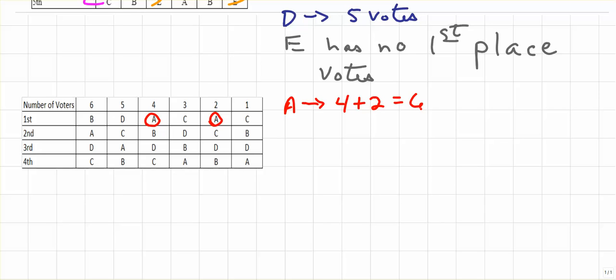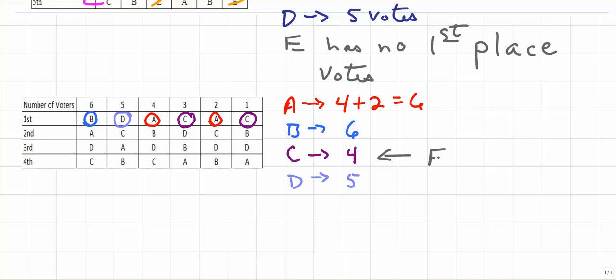And then we'll go with B. B has 6 first place votes. Then we'll talk about C, which in this case has 4 first place votes. And then we consider D, and D has 5 first place votes. So after all is said and done, C will be eliminated.